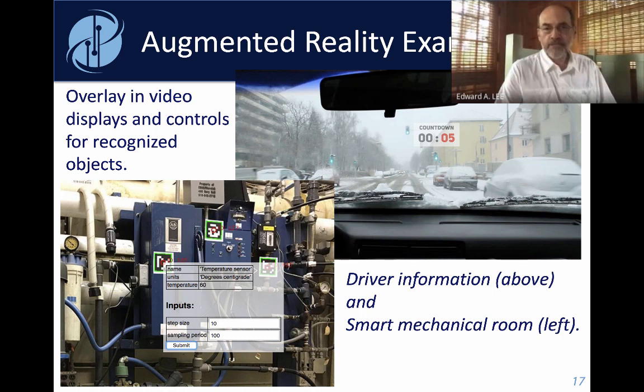The idea was that a camera would be used to recognize elements in the environment. So in this, at the upper right here, it recognizes a traffic light, and then it dynamically downloads a component that it runs as a Ptolemy component that provides a virtual reality interface to that traffic light.